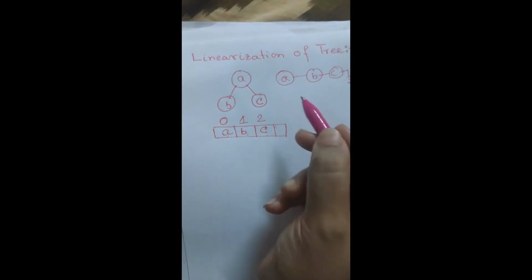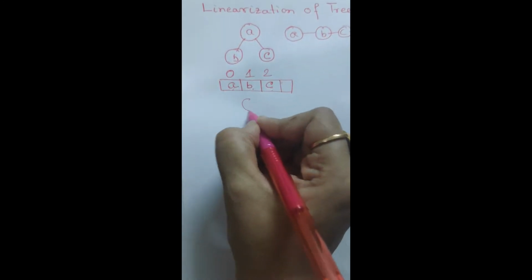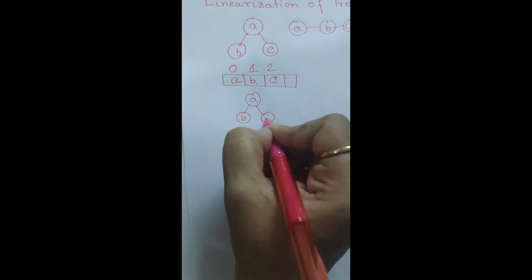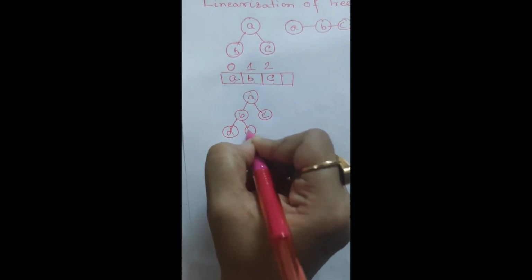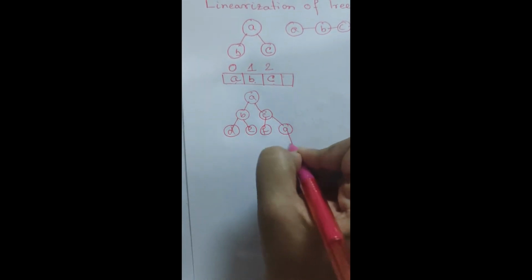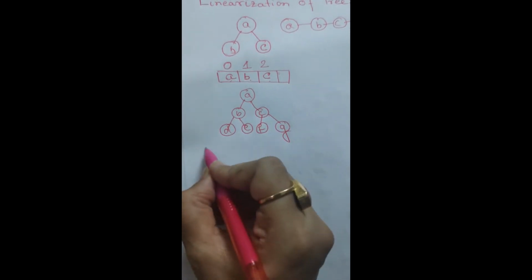Correct? Now let us look at a bigger tree. Suppose a tree looks like this. How will we represent this tree in an array?